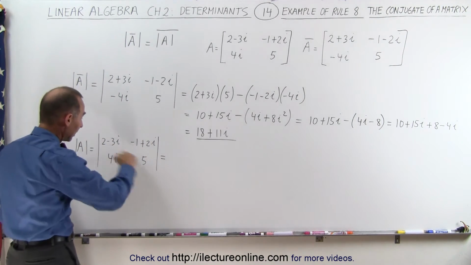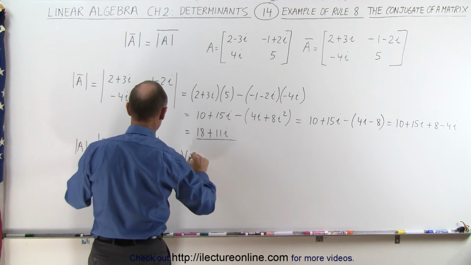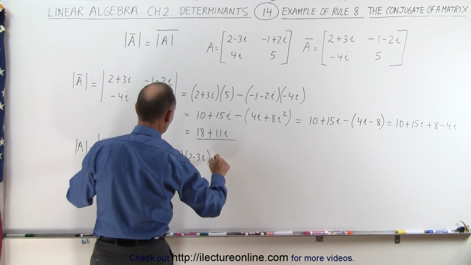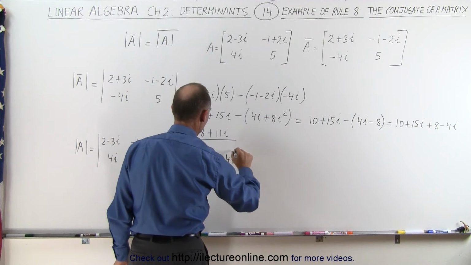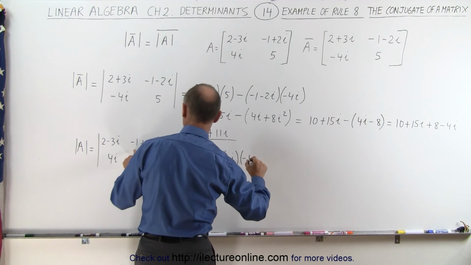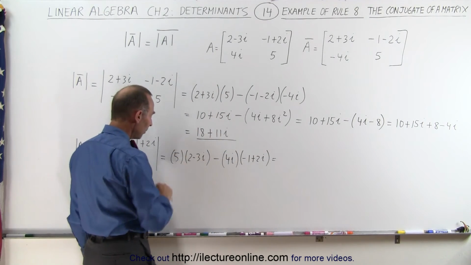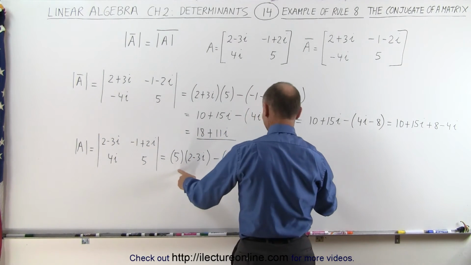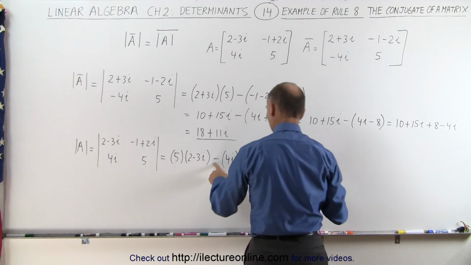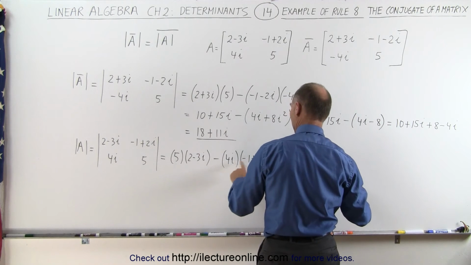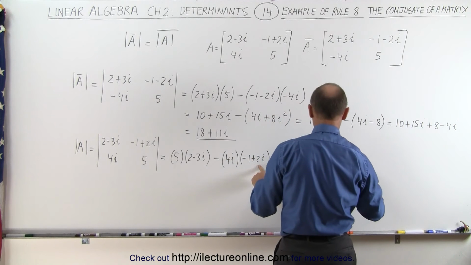We multiply the diagonals, which gives us 5 times 2 minus 3i, and then subtract from that the product of those two, which would be 4i times minus 1 plus 2i.